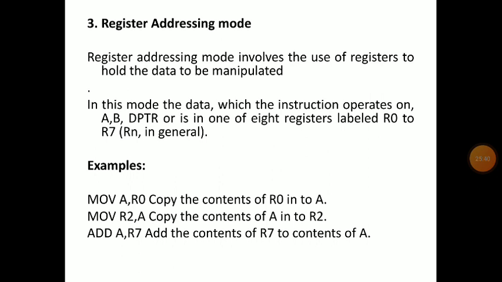That is, we can simply write Rn. So MOV A, R0: copy the contents of R0 into A. MOV R2, A: copy the contents of A into R2. ADD A, R7: add the contents of R7 to the contents of A.